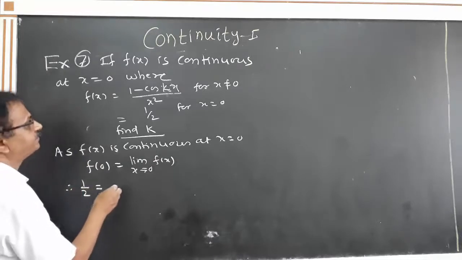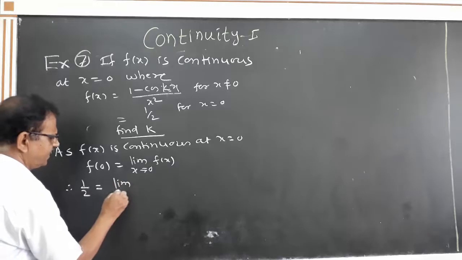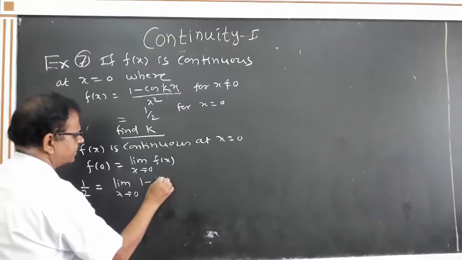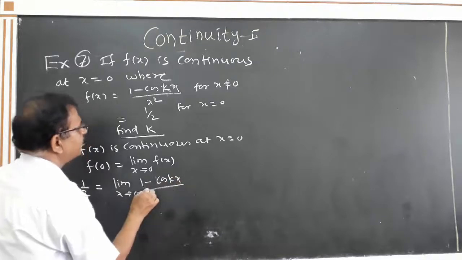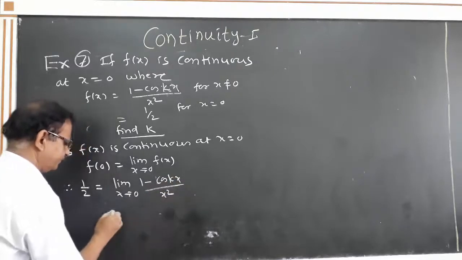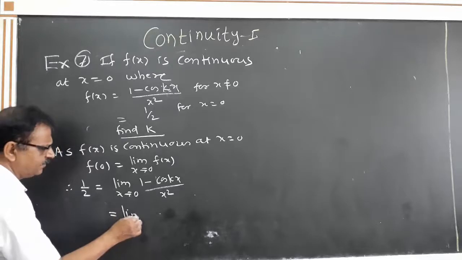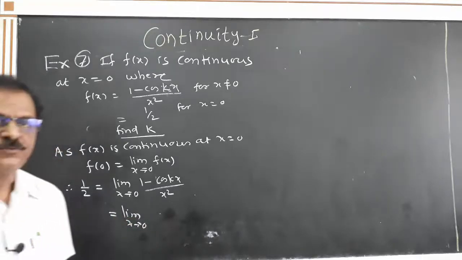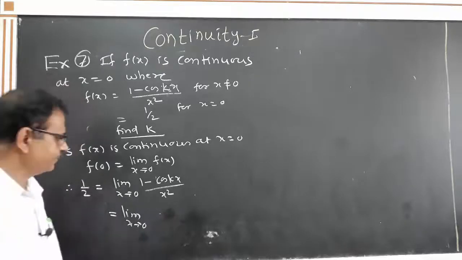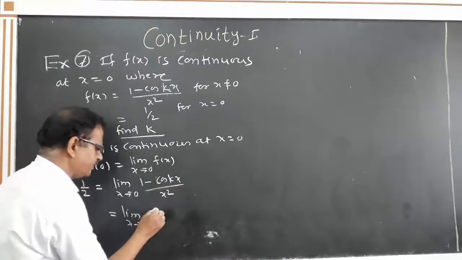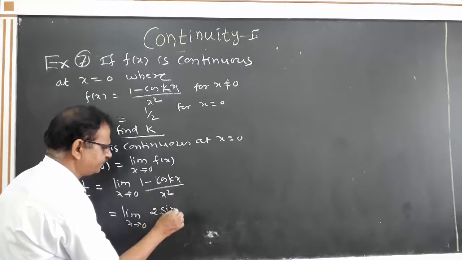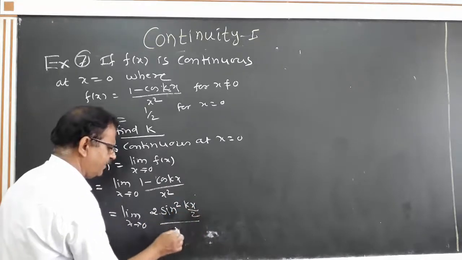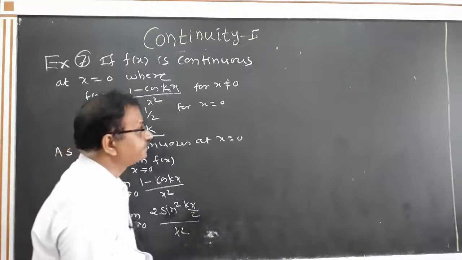equal to limit x tends to 0 of 1 minus cos kx divided by x square. We know that 1 minus cos theta equal to 2 sin square theta by 2. Therefore, this 1 minus cos kx is nothing but 2 sin square kx by 2 divided by x square.